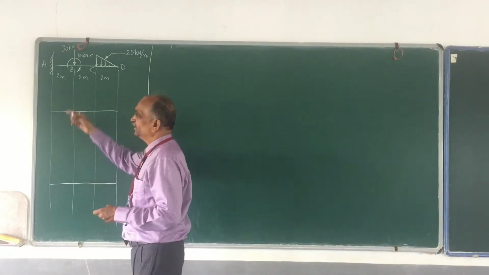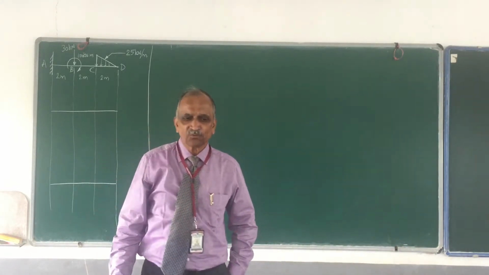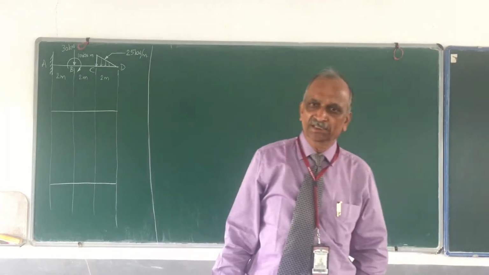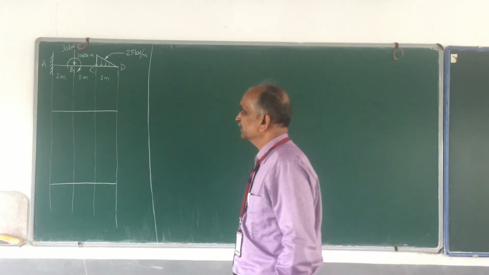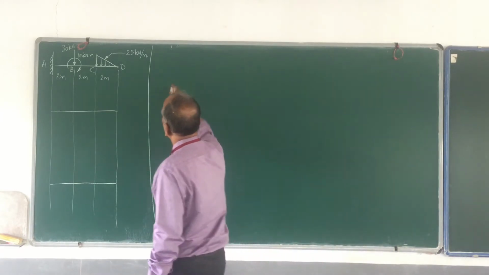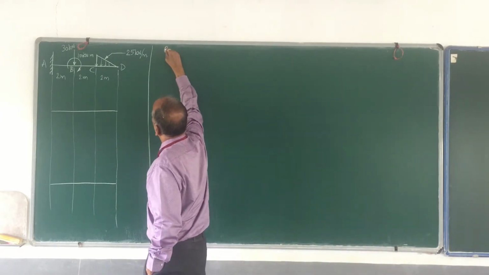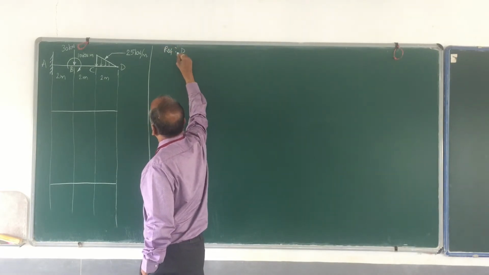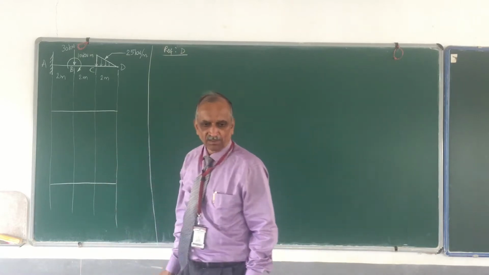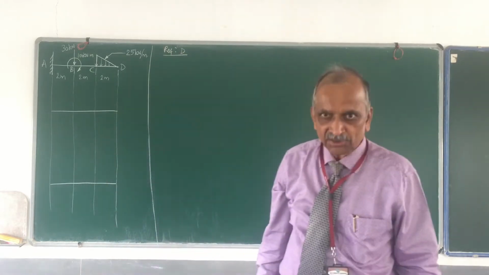Okay, so as usual, it's a cantilever. So for a cantilever, we need not find the reactions, and therefore straight away go for the reference. What reference do you choose? The reference is D. D is the reference we select.